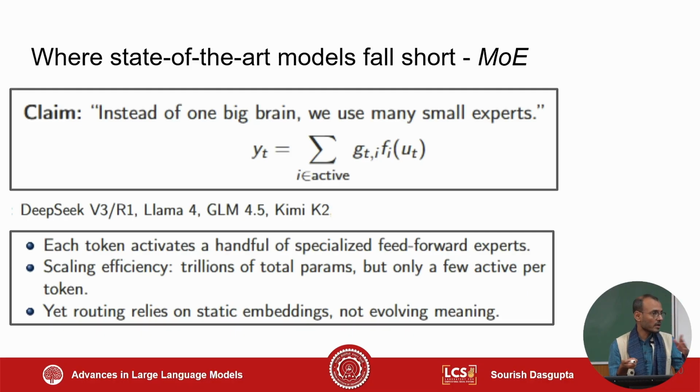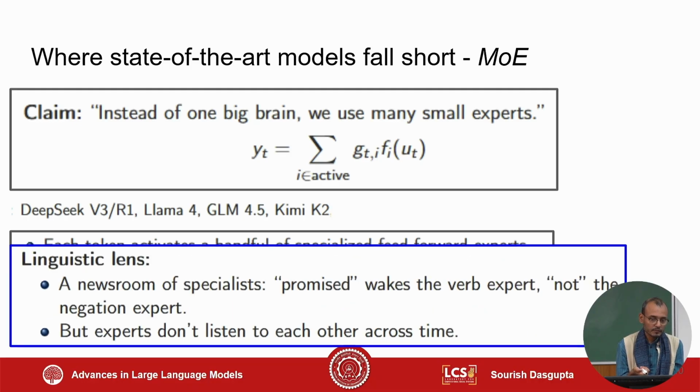When you route to one expert versus the others, the routing happens only based on static embedding. You don't look at the new evolved contextual meaning of the upcoming word. You look at the static input embedding to decide which expert to send it to. That is the problem with most of these MoEs.